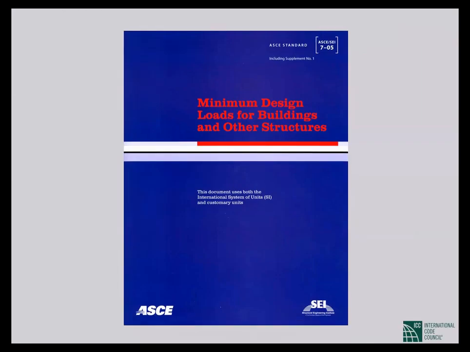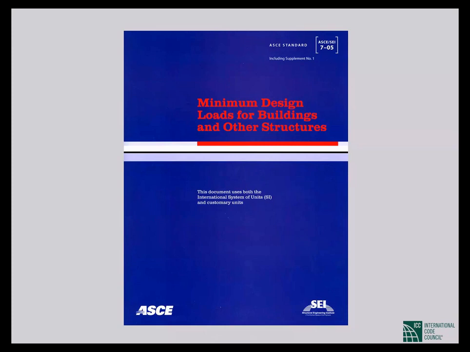Okay, so this is the end of what I described as fundamentals or basics. Not that there are no more fundamentals to come, but from this point on, we will go into the provisions of BNBC 2020, which are taken from ASCE 7-05.